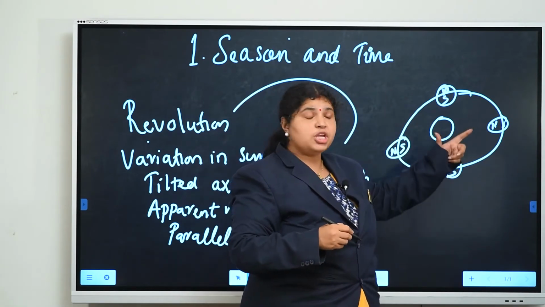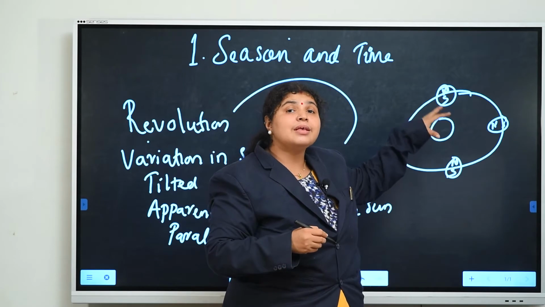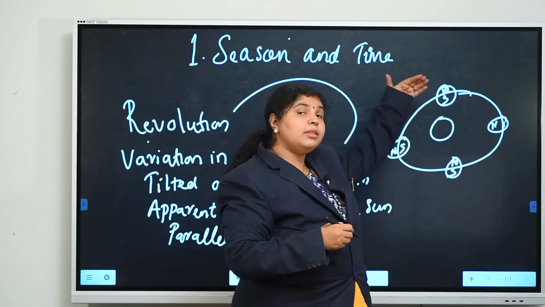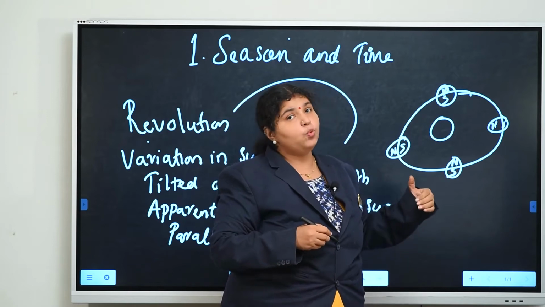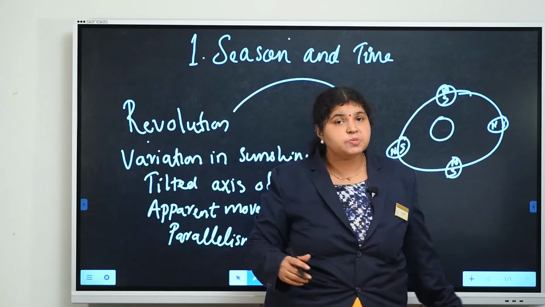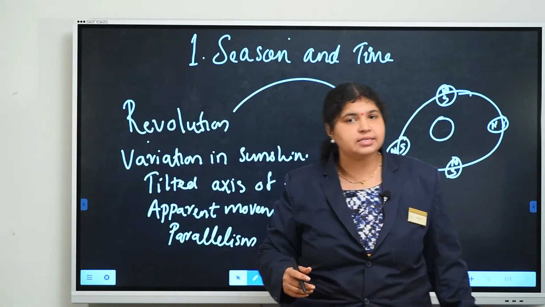During this revolution the hemisphere that faces the sun experiences summer season and the other part experiences winter season. So in this way revolution helps in the occurrence of seasons.